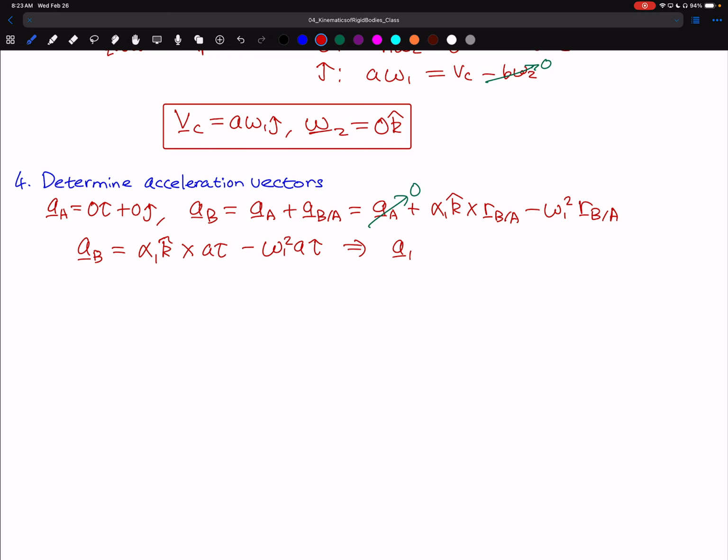From here we can go and solve for A_B, and this will be equal to minus A omega 1 squared i plus A alpha 1 in the j hat direction.